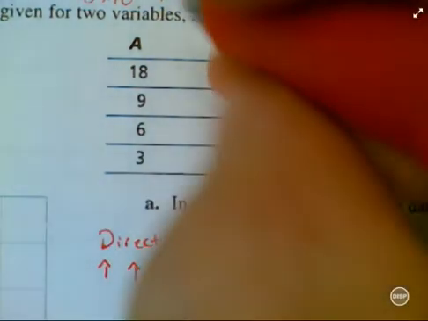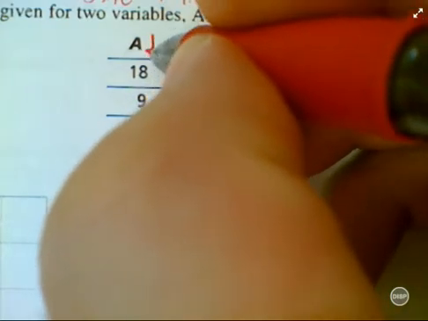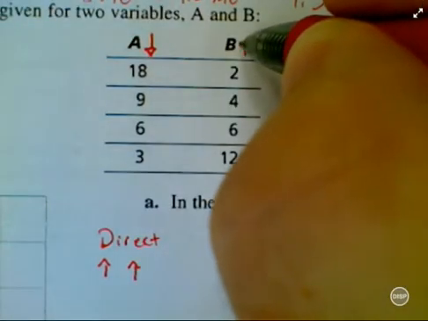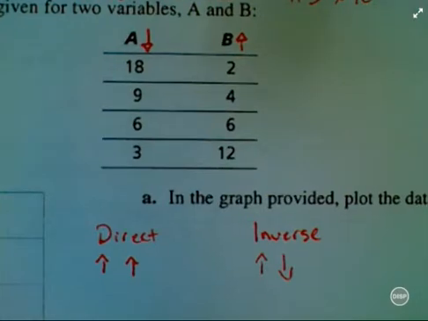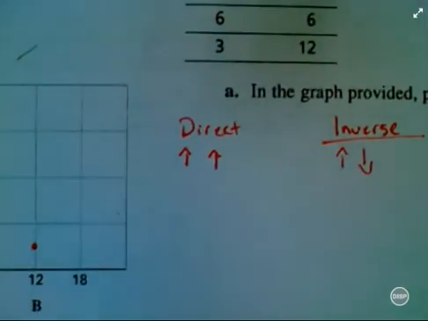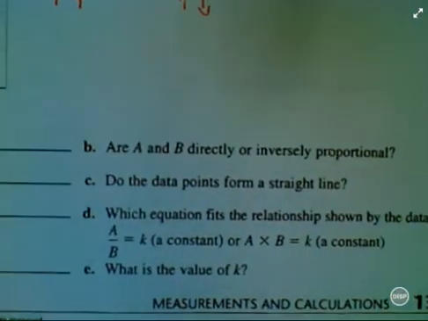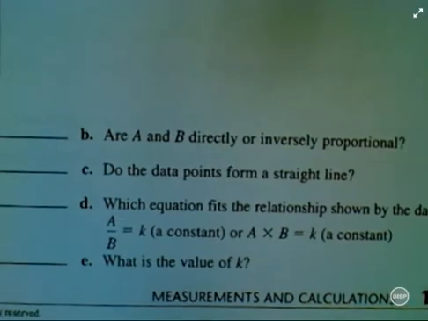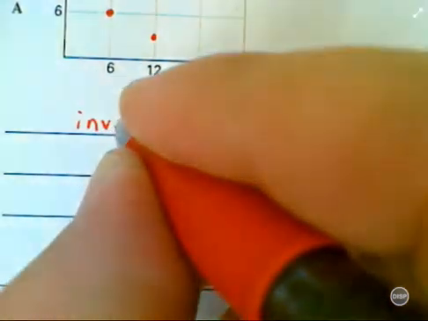So as A goes down, B goes up. Well, that is the inverse proportionality. So down here on B, where it says are A and B directly or inversely proportional, we just concluded that they are inversely proportional.